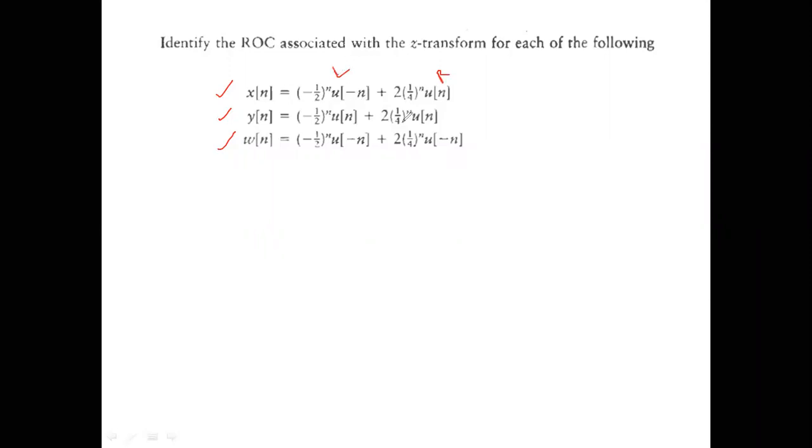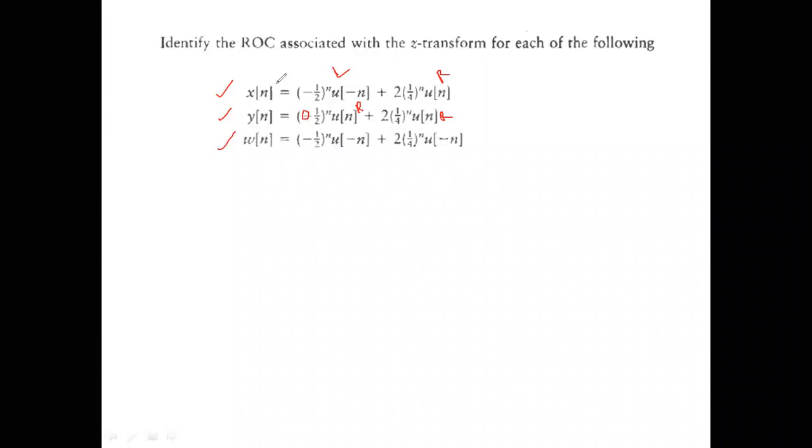Now what about this one here, by the way? This one, 2 into half to the power n into u of n. This signal is right sided, whereas what about this? Do not get fooled by this 1 by 2. You see this particular thing, this is u of n. So this signal is a combination of two right sided signals.